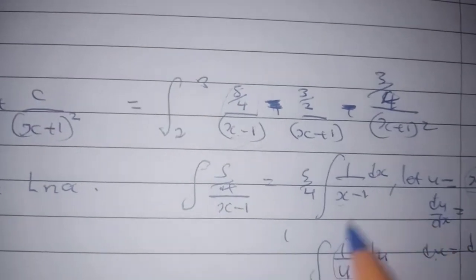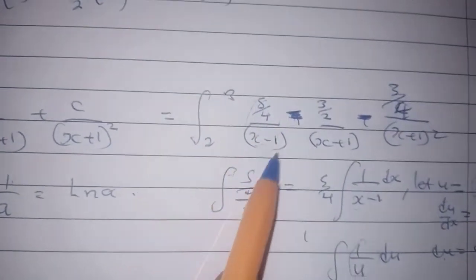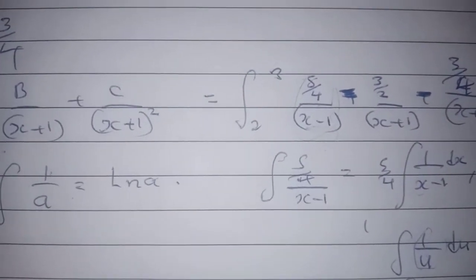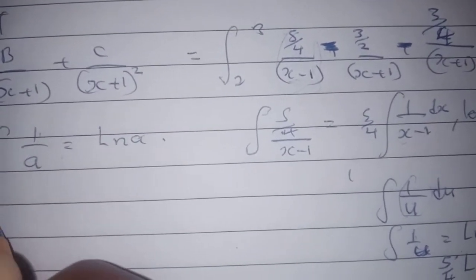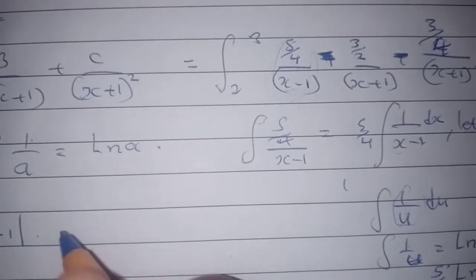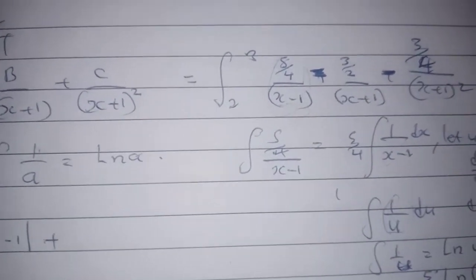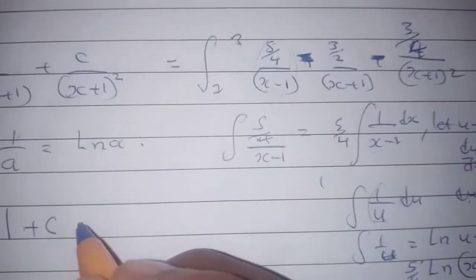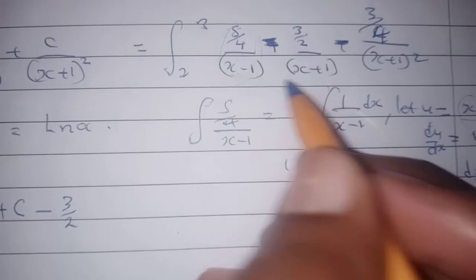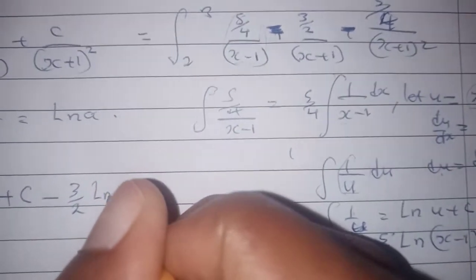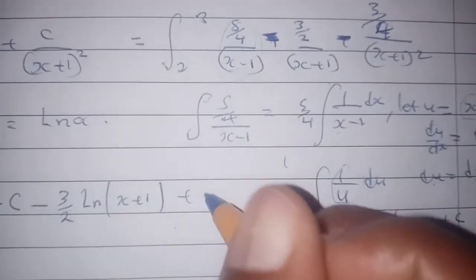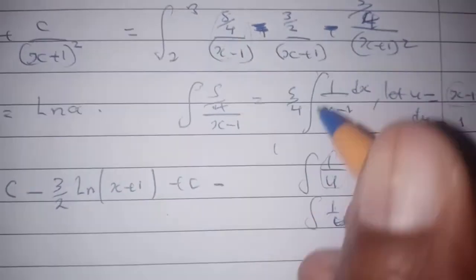So the integral for this one is 5 over 4 natural log of x minus 1, then minus 3 over 2, just the same, 3 over 2 natural log of x plus 1. Then plus c, then minus 3 over 4, but this one now is squared.